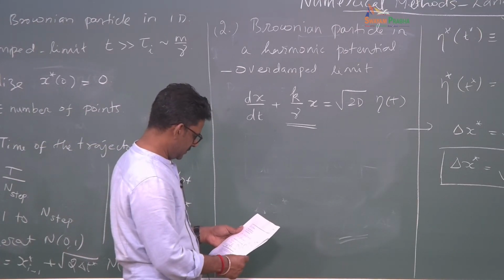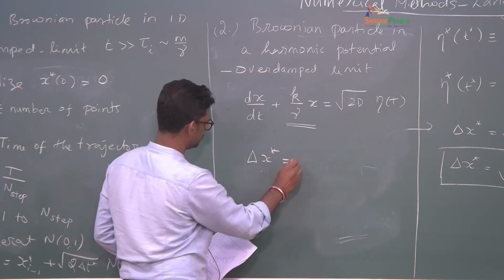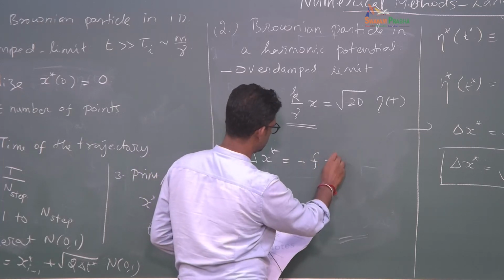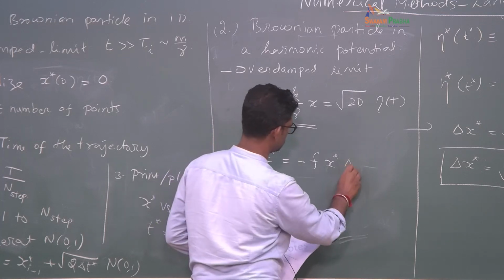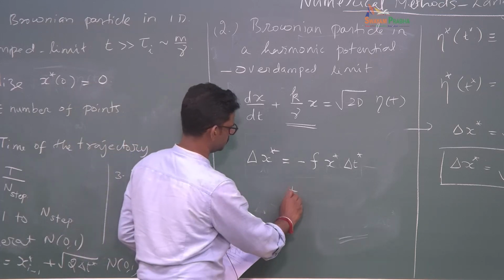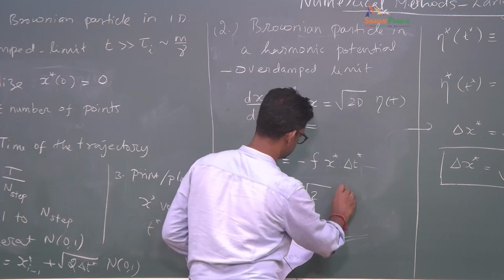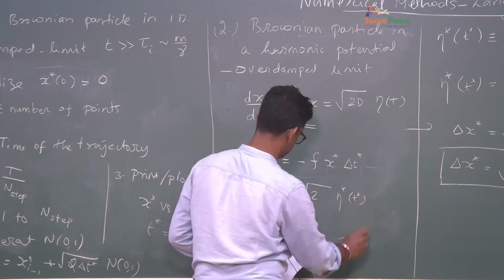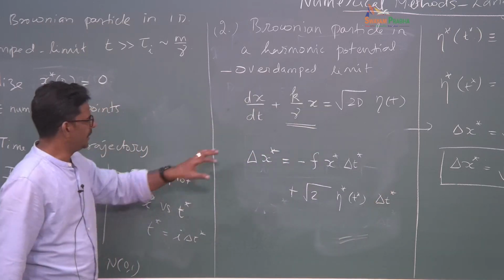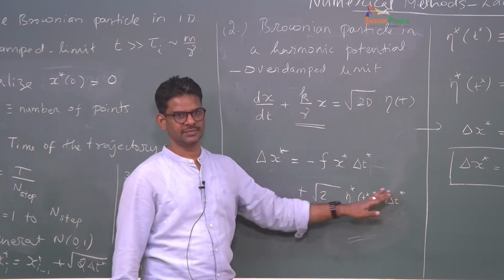After non-dimensionalization, you will see that delta x star is minus f... So we take this equation, apply non-dimensionalization, and write it in a discretized form. This is what you will get.